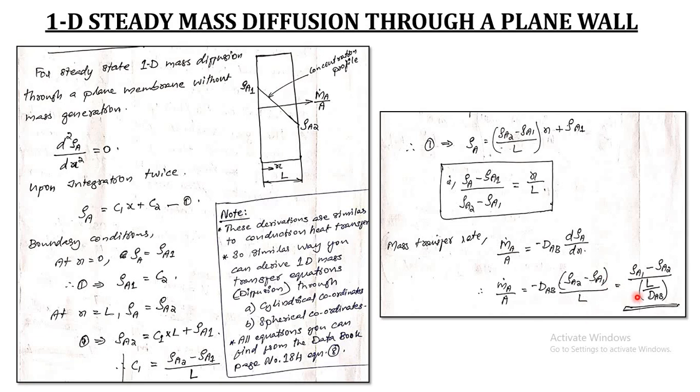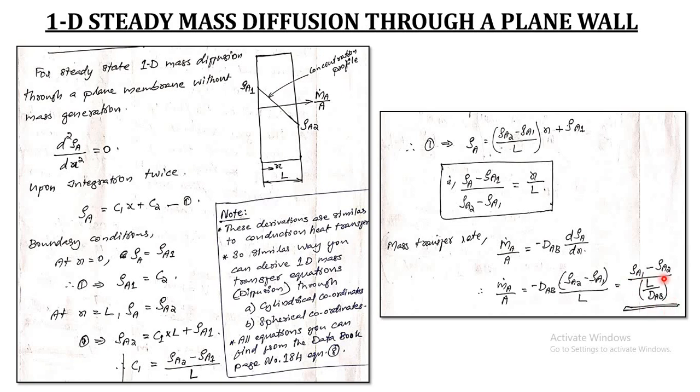In terms of resistance concepts, you can rewrite this equation as mA equal to (rho A1 minus rho A2) divided by L by A DAB, where A is the area.